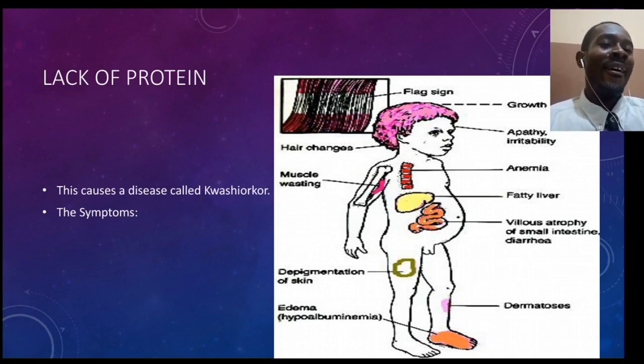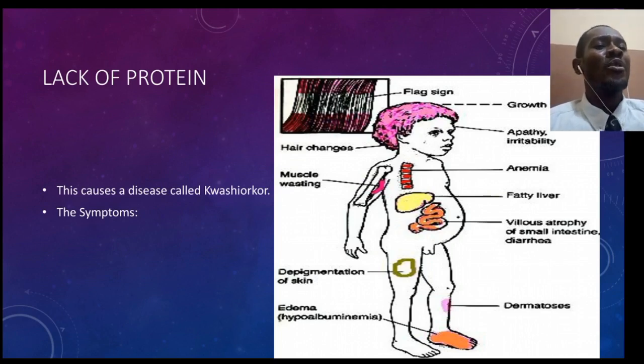But when you have it on a black child or on a black patient, it's going to be a different coloration away from the normal. Now, there's also going to be wastage of the muscles of the child. The child will look so lean. So one of the symptoms is muscle wastage and loss of weight.